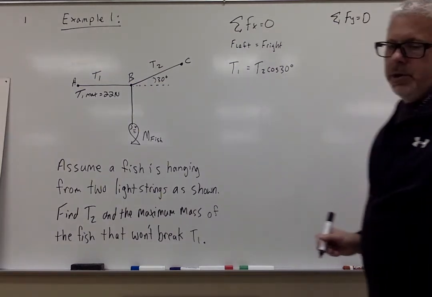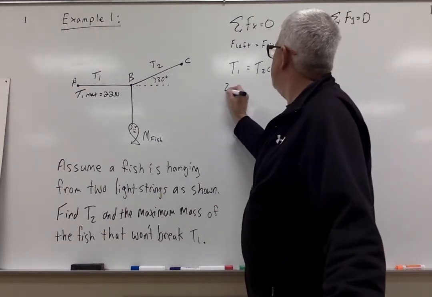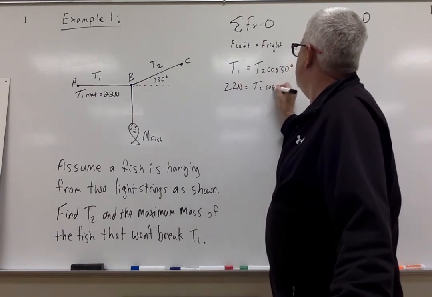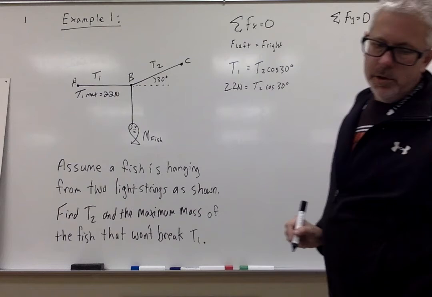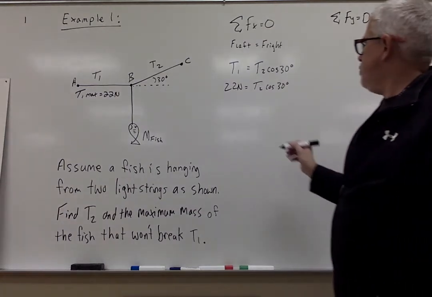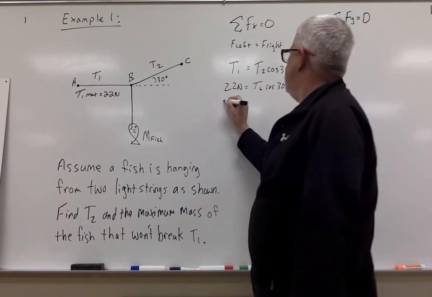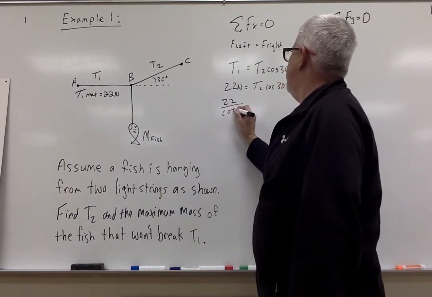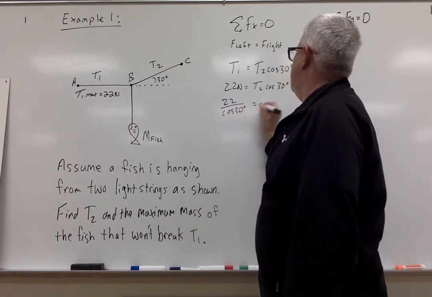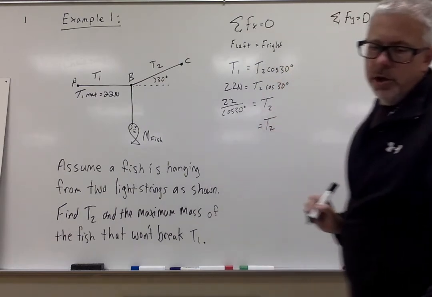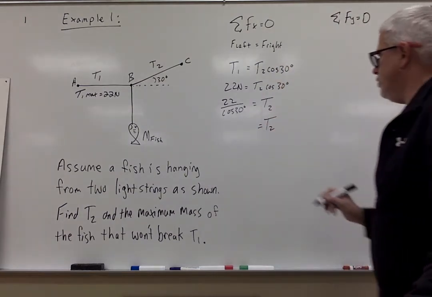I know that T1 is 22 newtons. So I can say 22, and the cosine of 30 degrees is 0.866. So therefore I can say that T2 would be equal to 25.4 newtons.